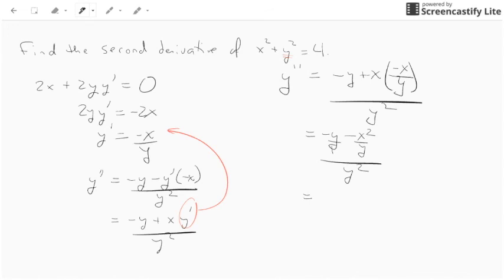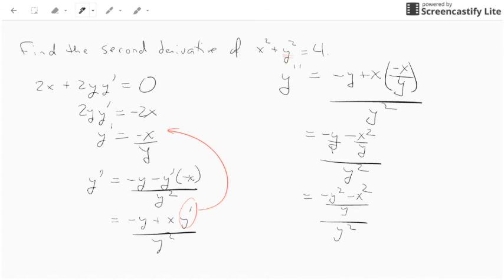So that negative y over 1 will become negative y squared, and this will become minus x squared over y, all over y squared. All I did was multiply that first term, numerator and denominator, by y over y. That's where I'm getting that negative y squared, and because the denominators are the same, minus x squared over y.